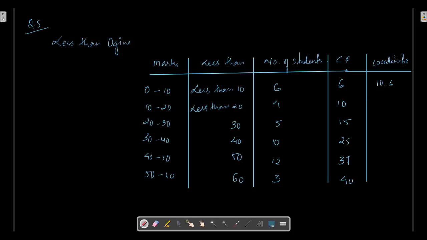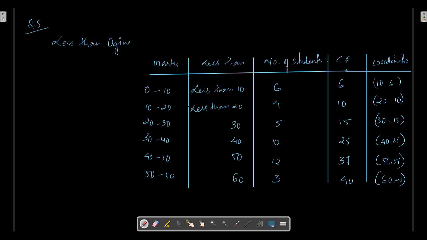Next is 20 and 10. Here you will be taking not this frequency, but the cumulative frequency. Similarly, 30 and 15, 40 and 25, 50 and 37, and lastly 60 and 40. So this is our less than.